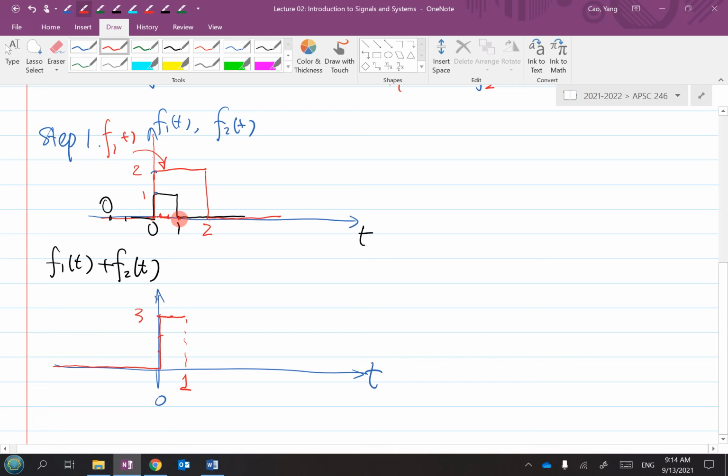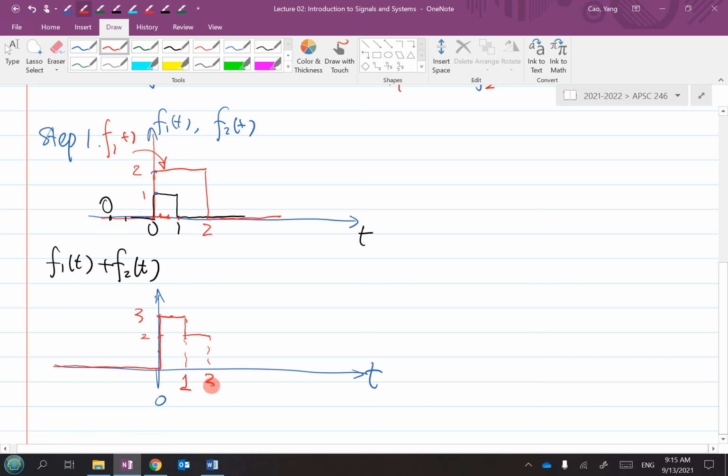And then between 1 and 2, the f1 value goes to 0, but the f2 value is still kept at 2. So between 1 and 2, you end up adding 2 plus 0, which is 2. So that's 2 over here.